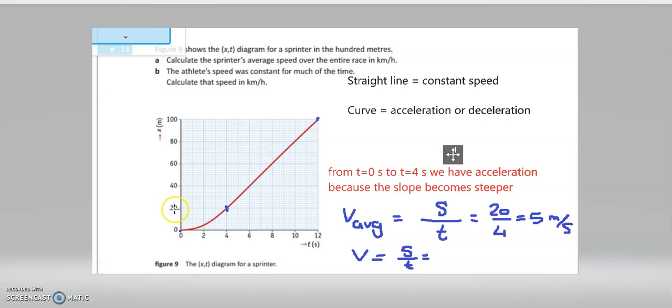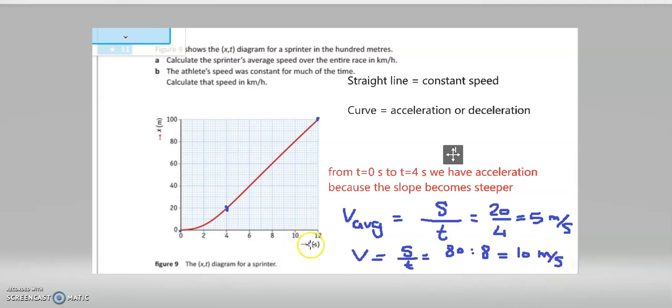So we go from 20 meters further up to 100, so the total distance is 80 divided by that. It took 8 seconds, and we have 10 meters per second.